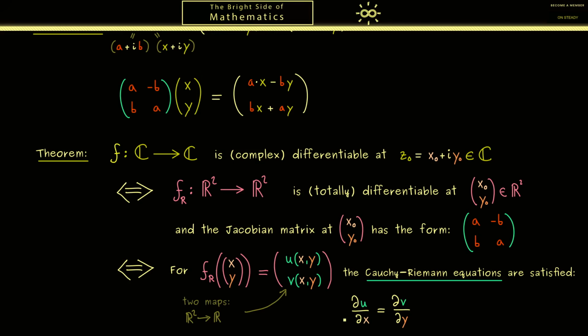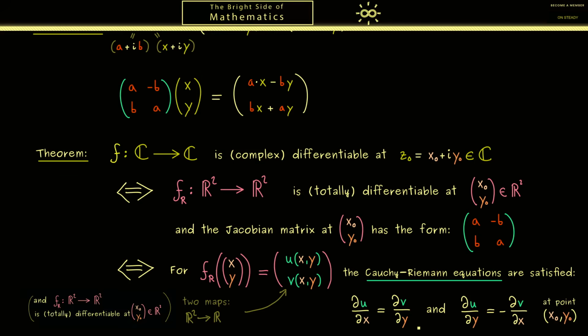So here you see, this equation just represents that we have the same number in the top left corner and in the bottom right corner. Okay, and then you might already see it, the number b here gives us the second equation, which is du/dy is equal to minus dv/dx. And of course, both equations have to be fulfilled at the given point (x0, y0).